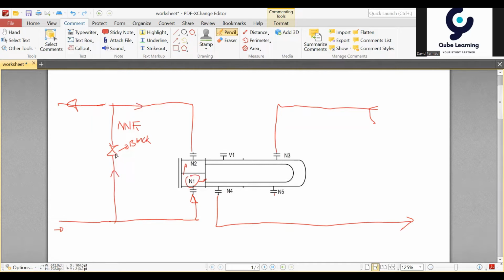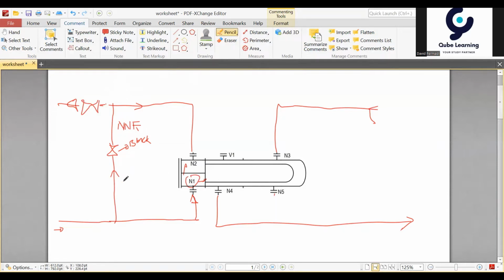We need to add a block valve here, and I add the block valve here.